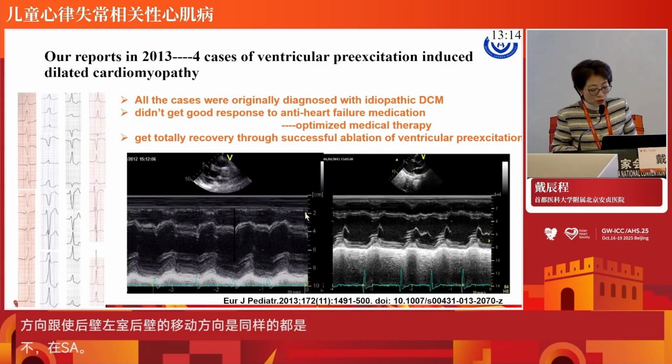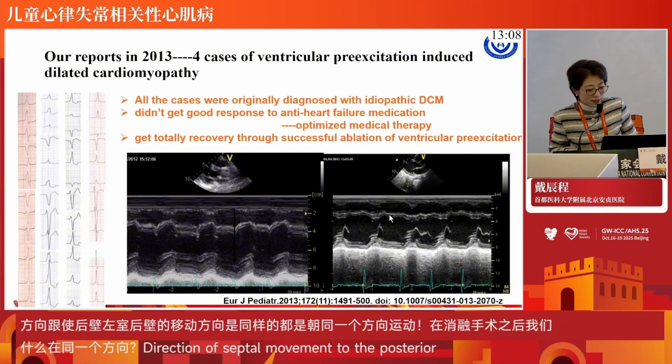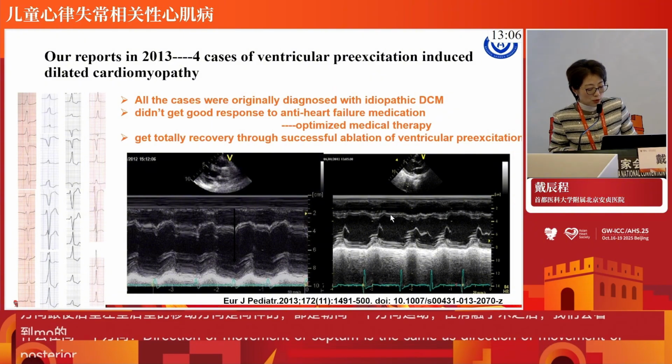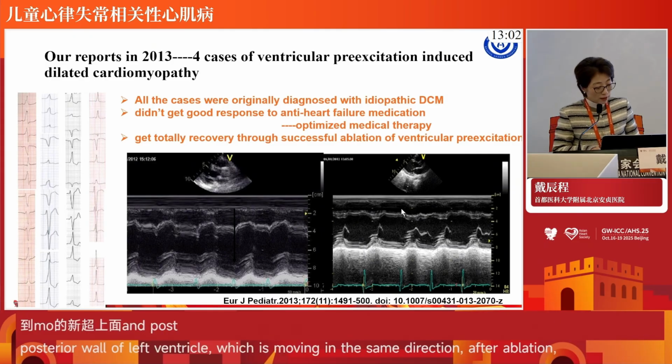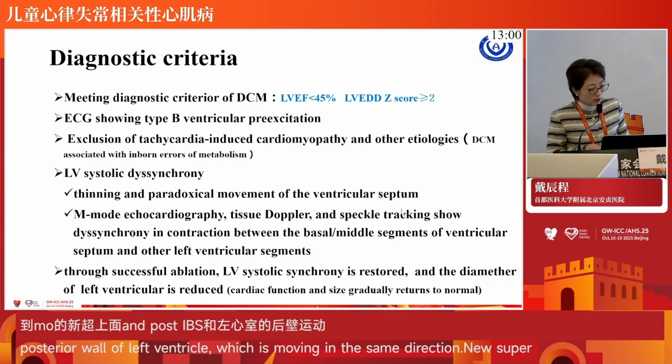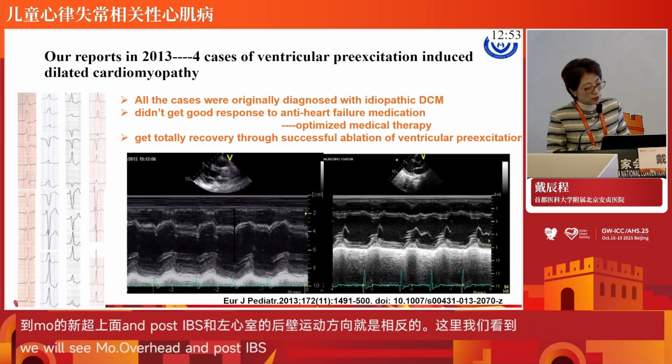And after ablation, we can see from the M-mode echo, the IVS and the posterior wall of the left ventricle moved in different directions. And when they moved synchronously, their heart function increased.